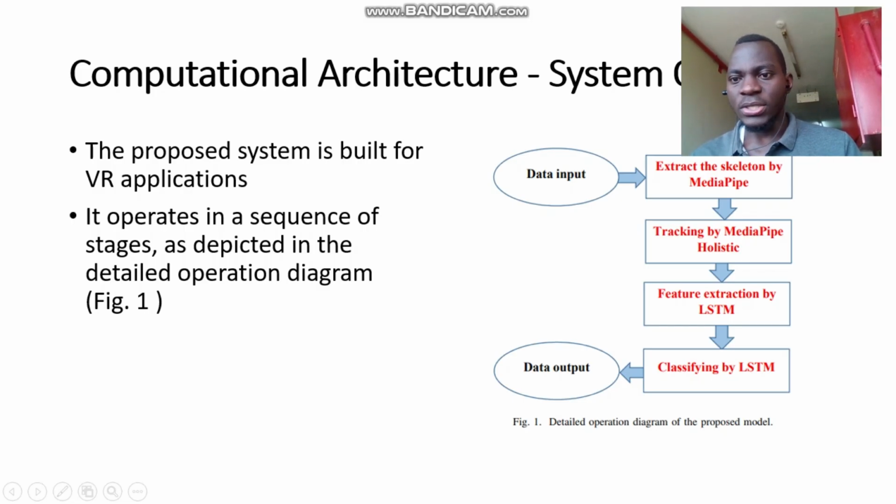Let's say you input a gesture, so MediaPipe extracts the skeleton, focuses on your body, maps something like a skeleton, and tracking by MediaPipe puts dots on that skeleton. Then it sends it to the LSTM, which does the feature extraction and the classifying, and then you get the output.